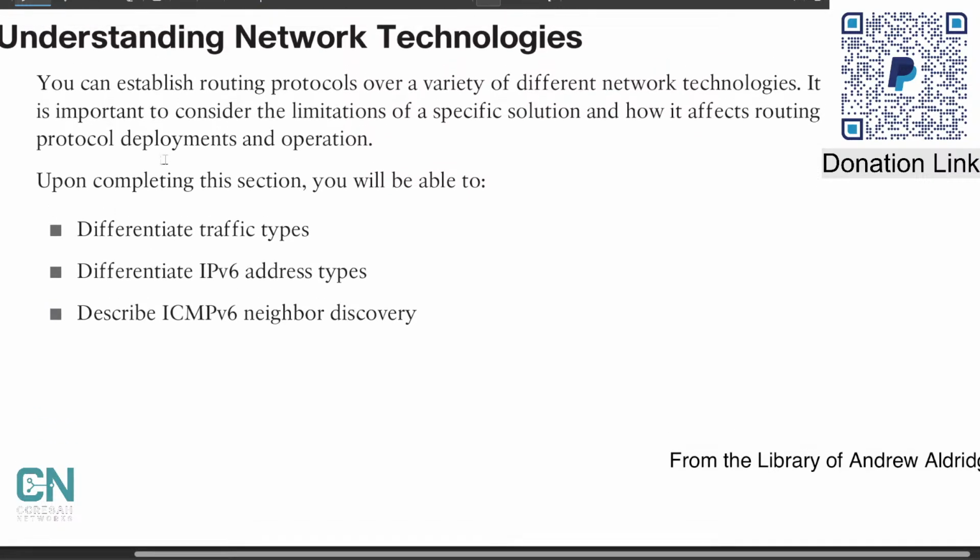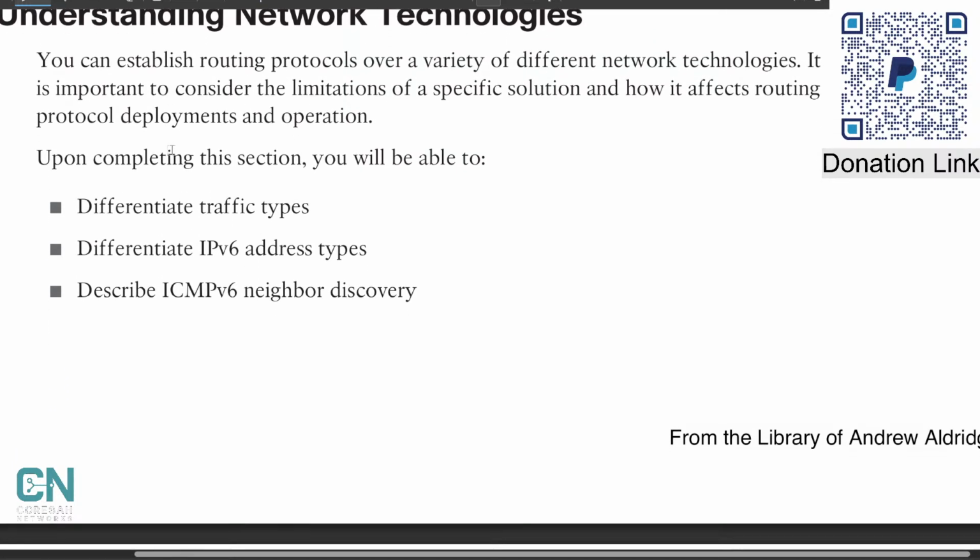Okay, let's go to understanding network topology. You can establish routing protocols over a variety of different network technologies. It is important to consider the limitations of a specific solution and how it affects routing protocol deployment and operation.